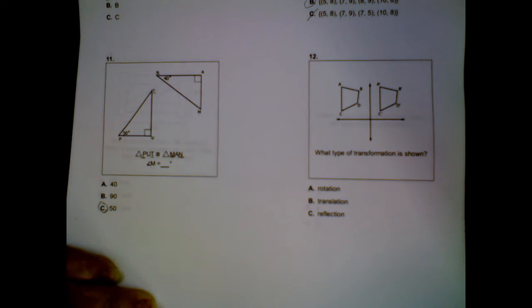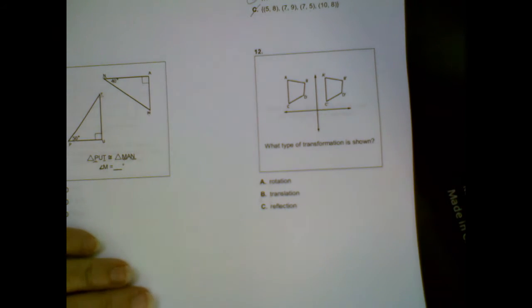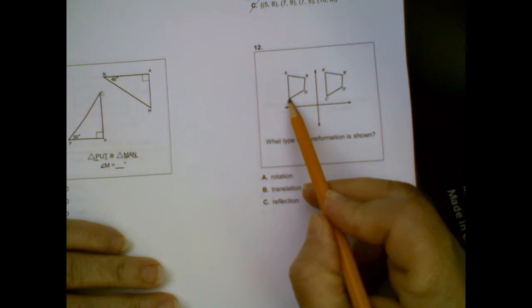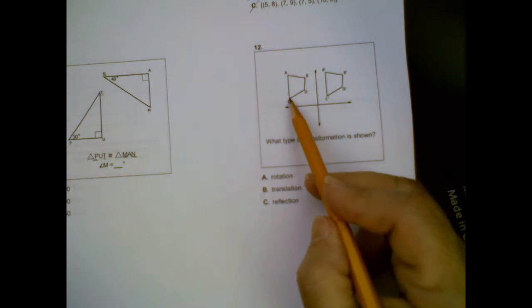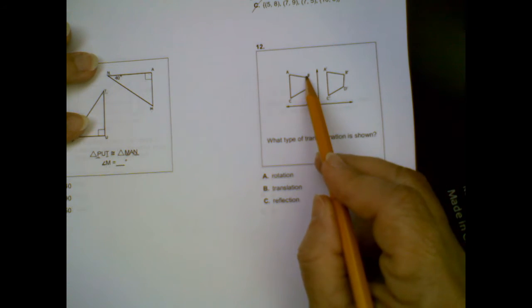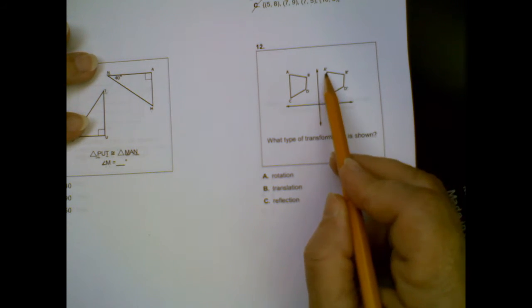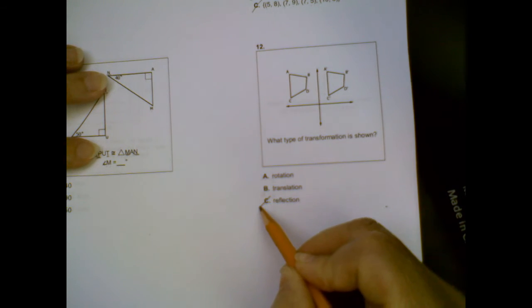Number 12 says, what type of transformation is shown? We see that the figure appears to be the exact same size. So did it flip? No, because then the B and D would be closer to the Y. So it's not a flip or reflection.